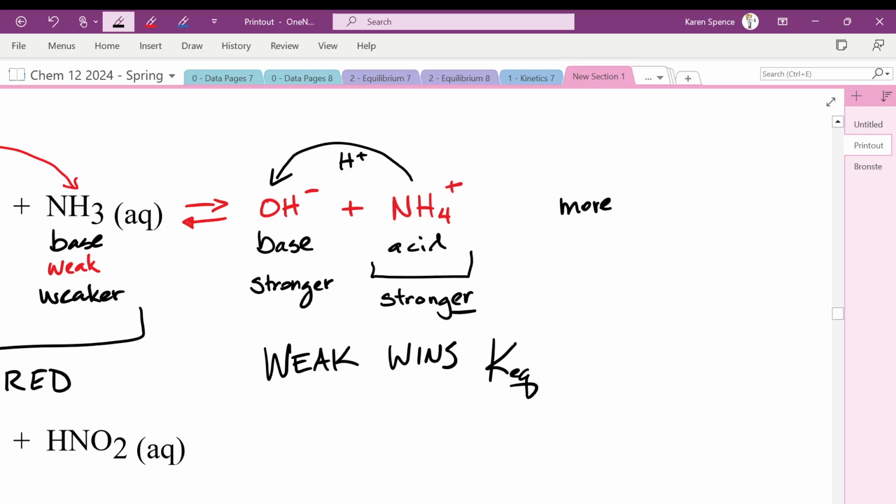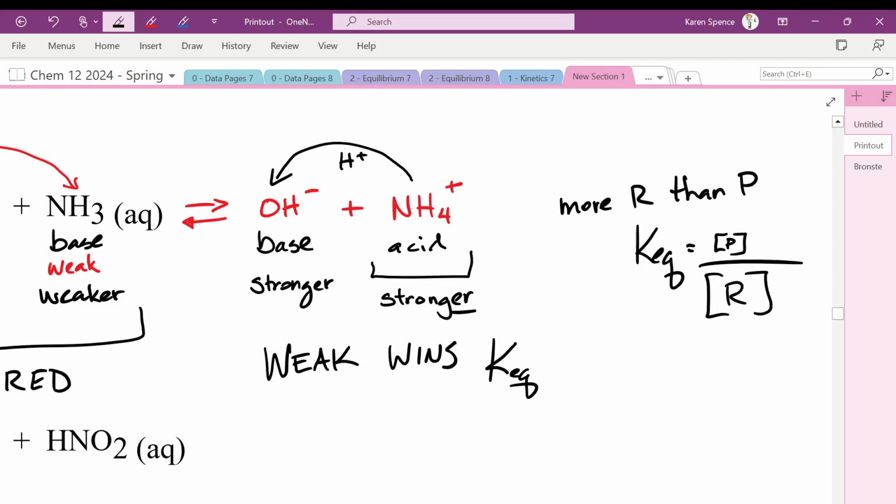We have more reactant than product, which means KEQ is smaller: smaller product over larger amount of reactant. So KEQ is less than 1. Is that good? Okay. Any other questions from homework? Moving right along then.